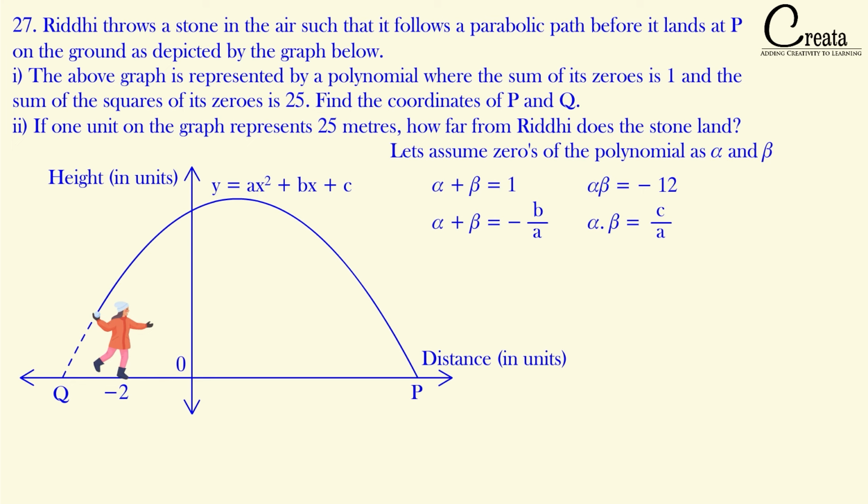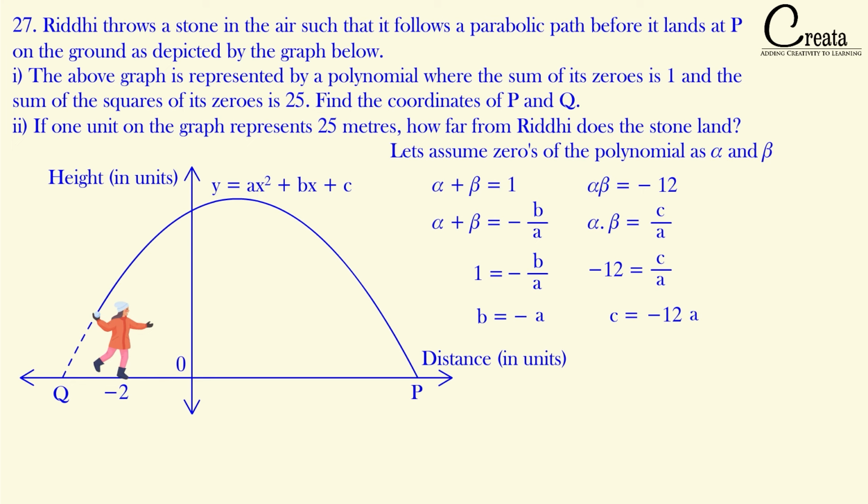The sum is given as 1, the product we have just calculated as minus 12. From this part we got b is equal to minus a, and from this part we got c is equal to minus 12a. Basically we have calculated the values of b and c in terms of a: b is equal to minus a and c is equal to minus 12a.